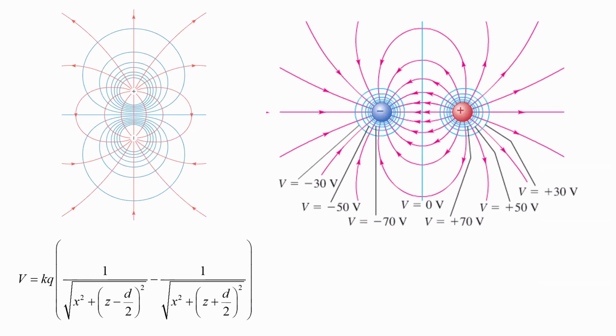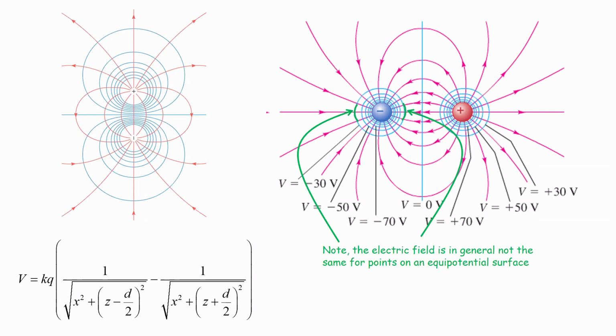Is the electric field the same everywhere on this equipotential? My question to you. No. Doesn't look like it, does it? It certainly would be the case if there was a single charge in space. But due to this distortion, you can see there are more field lines on the right-hand side than on the left.